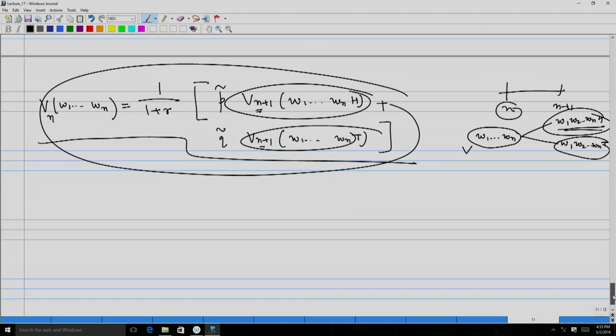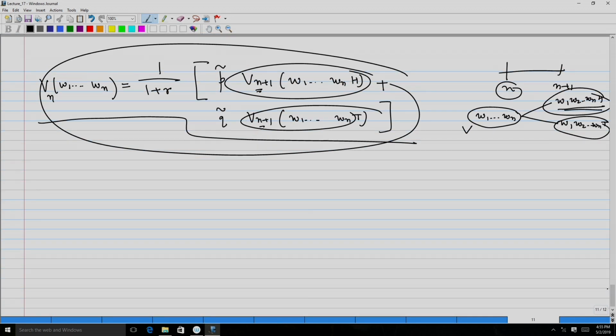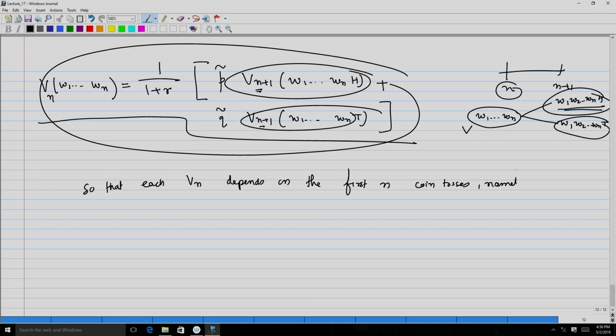Once I have defined this V(n-1) all the way to V0, each Vn depends on the first n coin tosses, namely omega 1 all the way to omega n, where of course your n could be capital N minus 1, n minus 2, all the way to 0.